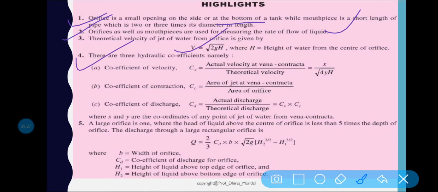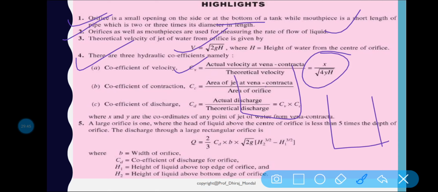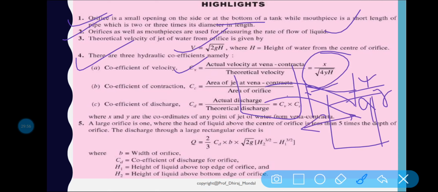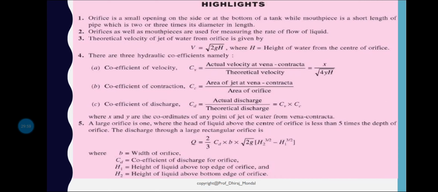Now the hydraulic coefficients we have discussed, where we have seen coefficient of velocity CV is equal to actual velocity at the vena contracta by theoretical velocity, and it is equal to x by root over 4yH, and we have seen how we can calculate the x. This is the point P, and this is x, and this is y, and height you know.